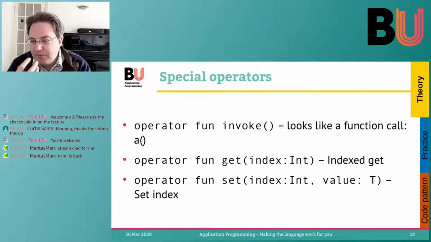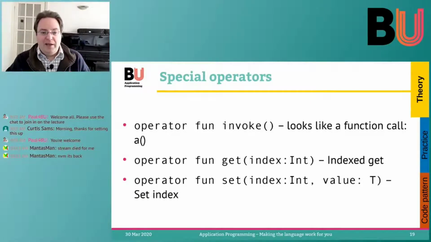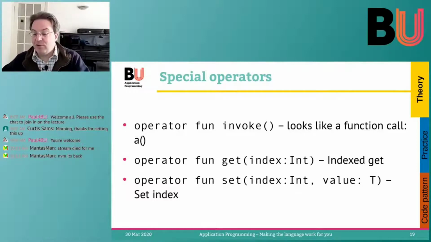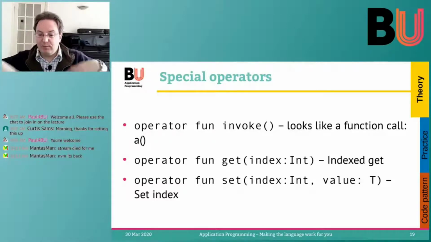In Kotlin, because these operators can also be defined as extension functions, if you have a SAM interface, you can write an extension function with operator fun invoke that calls this, so that calling the name of that particular interface's method completely disappears from your code.